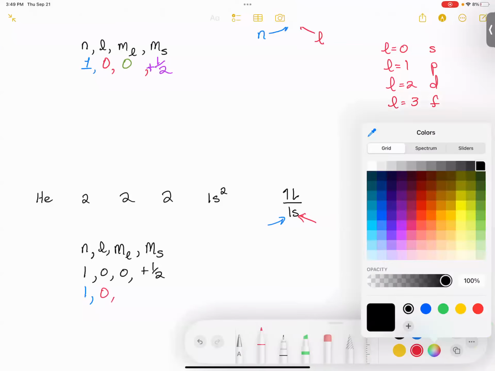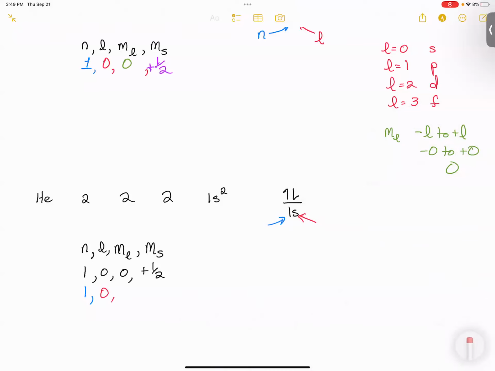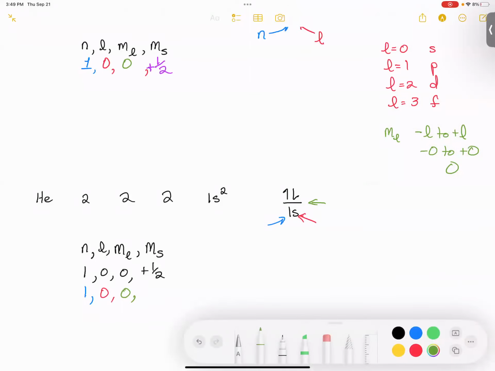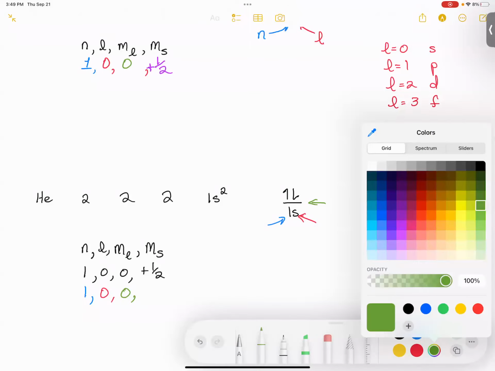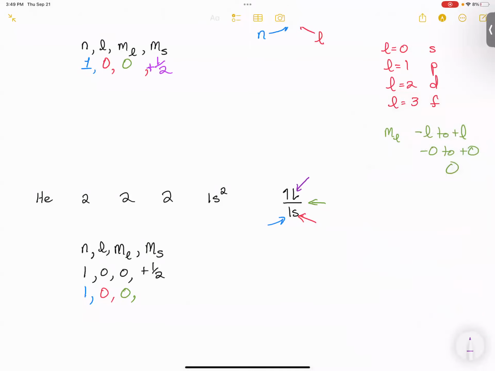Your ml is associated with the dash, which also comes back, it's still 0. But here's where no 2 electrons can have the exact same 4 quantum numbers. Because we are dealing with a spin down for our second electron, so it's a -1/2.